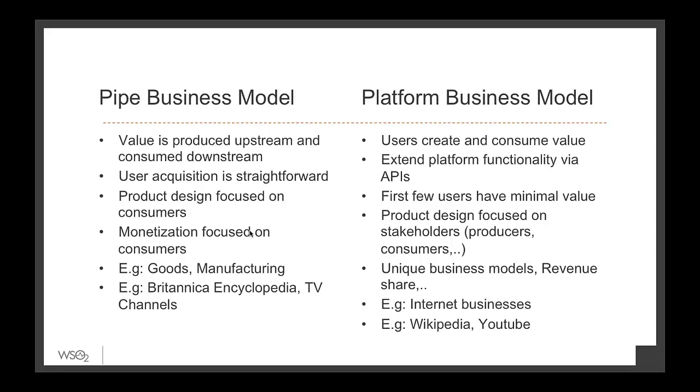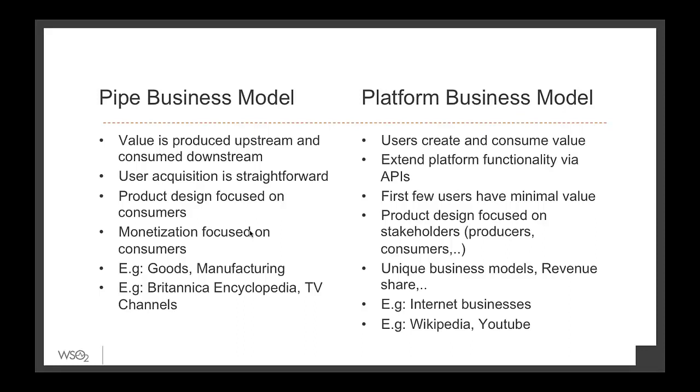So you target it to that demography, and all of that. You do your market studies for that. Monetization, again, is quite straightforward. Of course, it can be complex, but it's focused on consumers, right? So you have X amount, you maybe have discounts, but you have Y amount of consumers, so you get some kind of a monetization model, right? So a good example is like the normal goods and services or manufacturing.